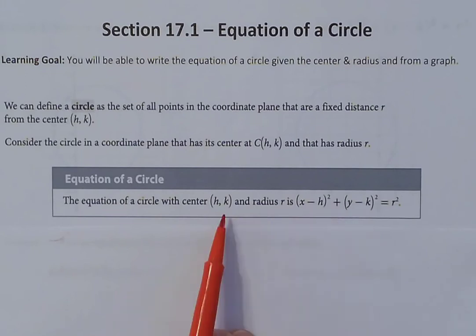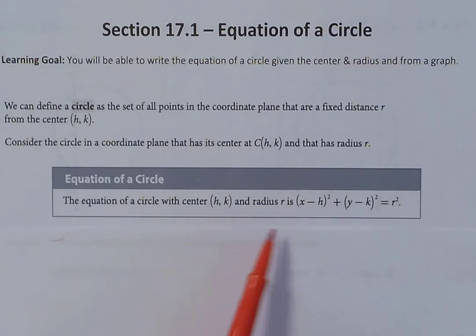Y minus k, k comes from the y value of the center. And then the r is the radius. So, for every problem, if you're writing the equation of a circle, you need to know the center, h, k, and the radius, r.